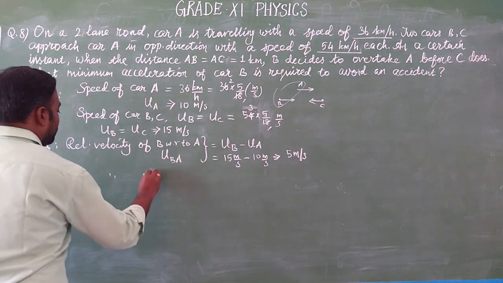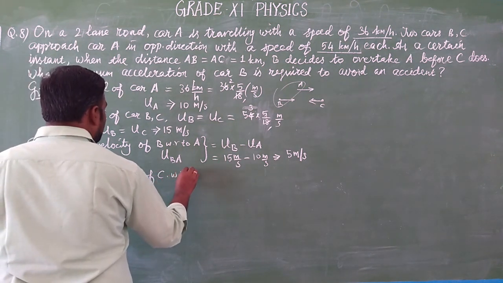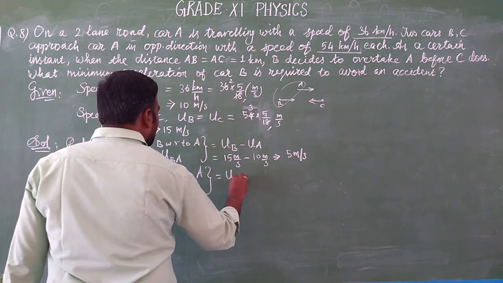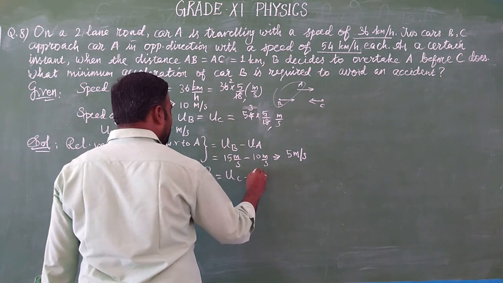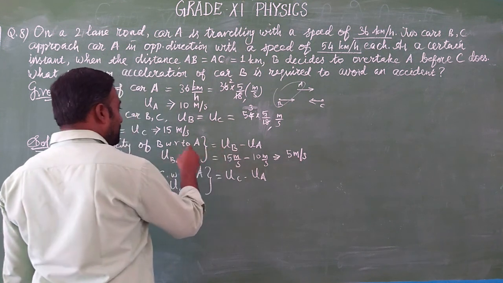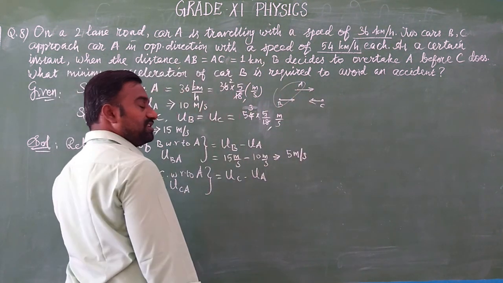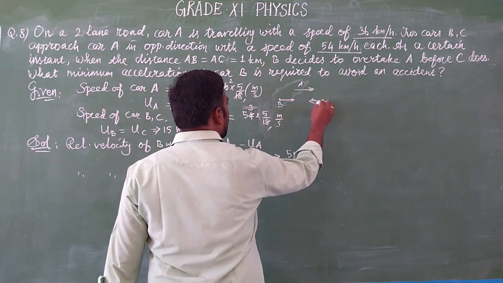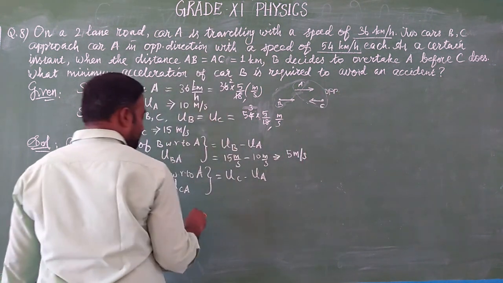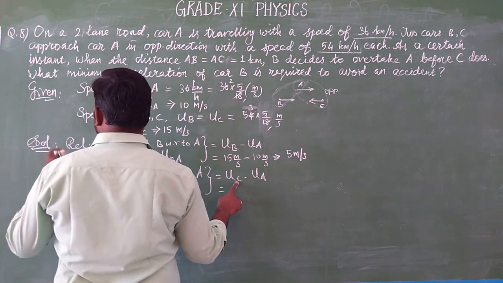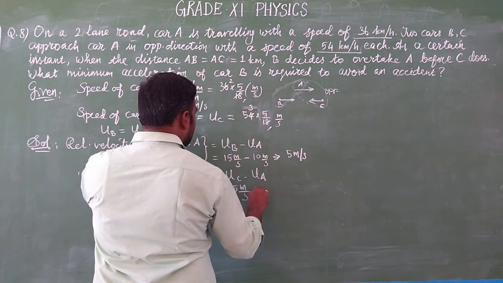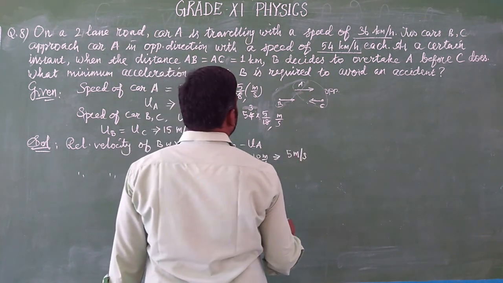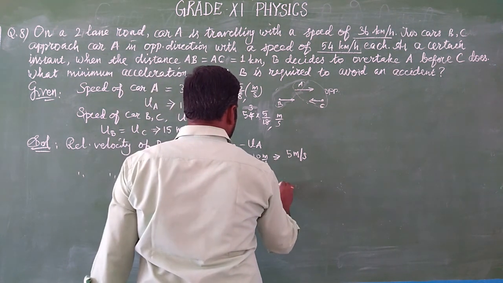Similarly, find the relative velocity of car C with respect to A. That is the velocity of car C minus the velocity of car A. But B is moving in the same direction as A. In this second case, C is moving in the opposite direction. So the speed of car C is 15 meters per second minus, since A is in the opposite direction, and already there is a minus here, the velocity of A is minus 10 meters per second.